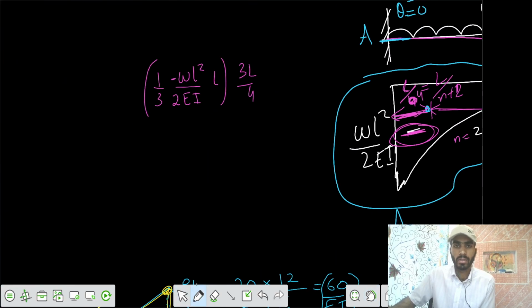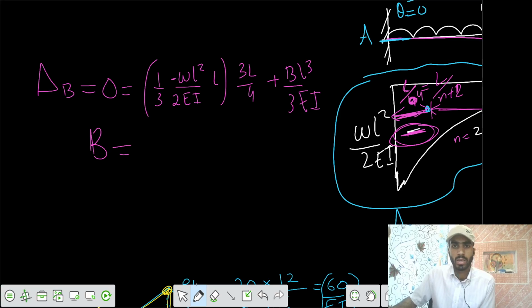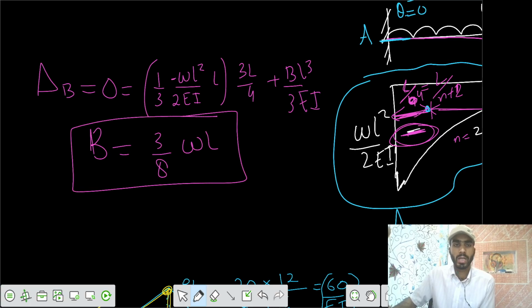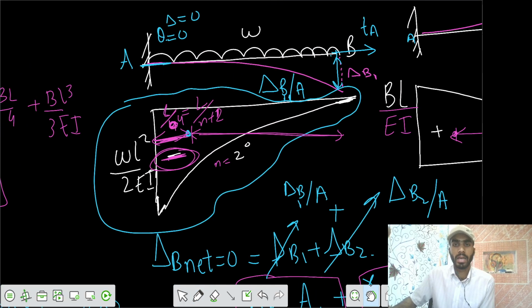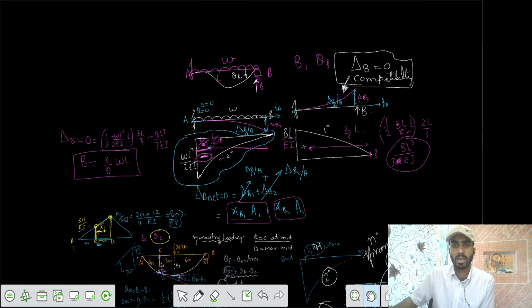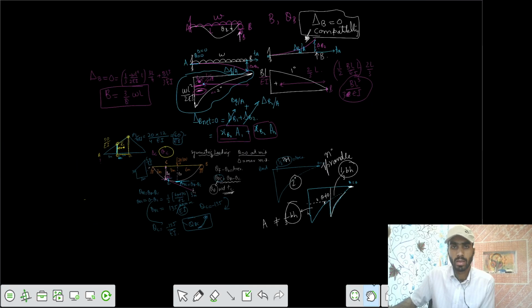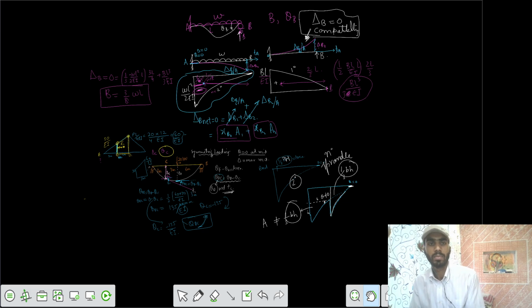So we can say plus BL cube by 3EI equals delta at B, which equals 0. So we can get the reaction at B equals 3 by 8 of W into L. So we got the reaction at B equals 3 by 8 of WL.